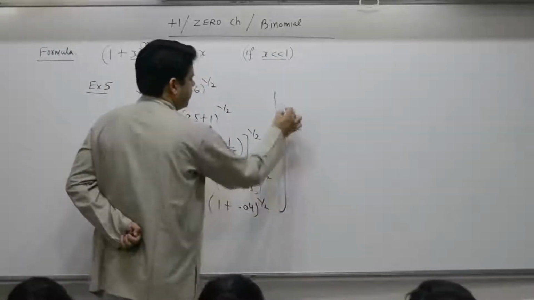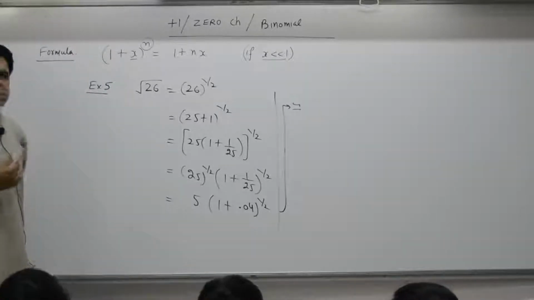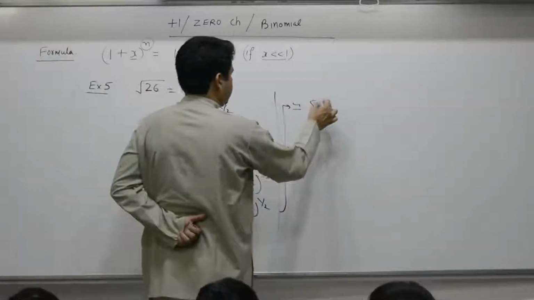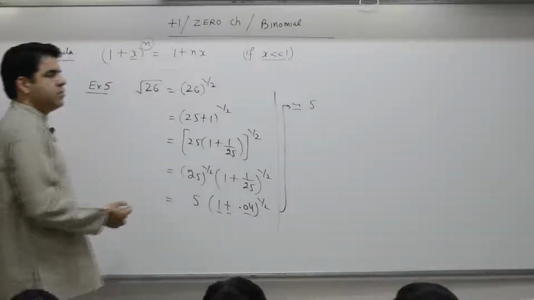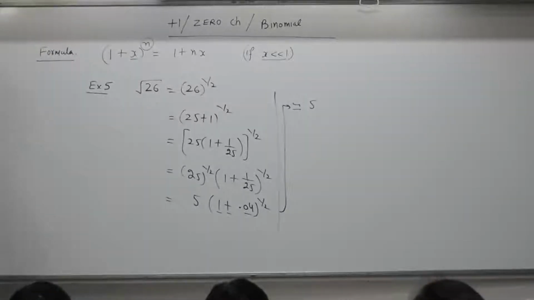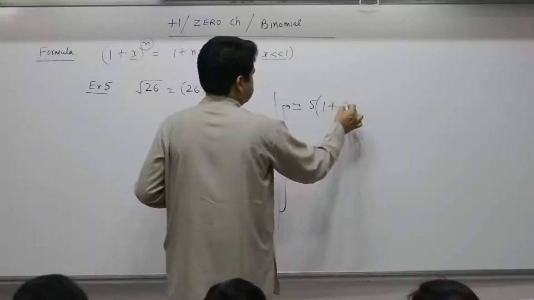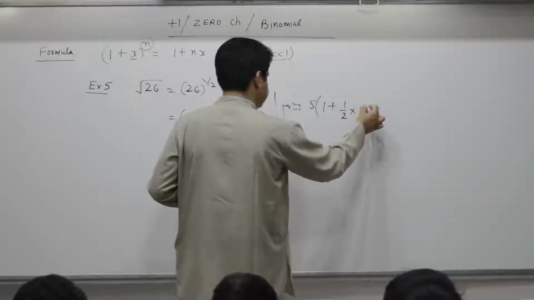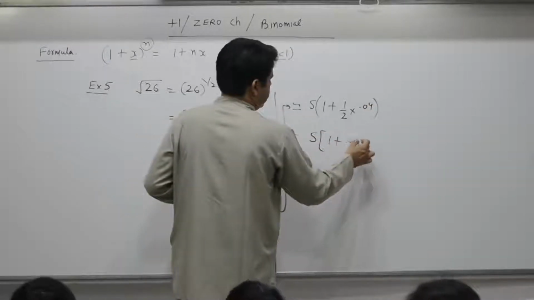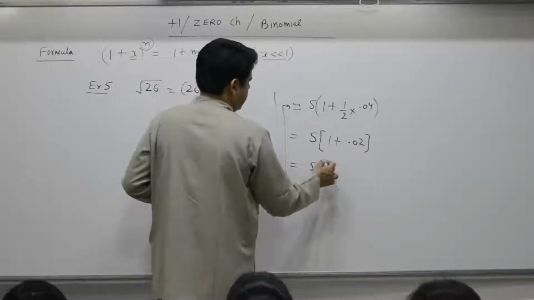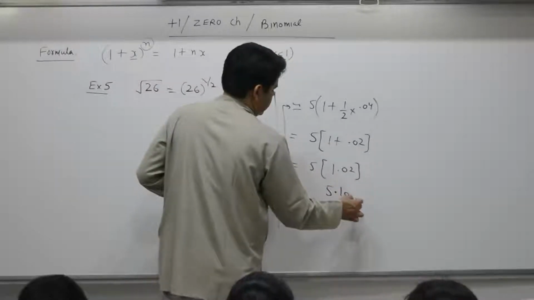Now apply binomial theorem, approximately equal to, it is not exactly, it is approximate value. 5 as it is, 1 plus x power n, formula below, 1 plus nx. Here n is 1 by 2, x is 0.04. 5 into 1 plus 0.02, 1.02, is equal to 5.1.